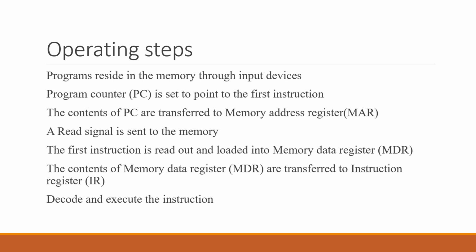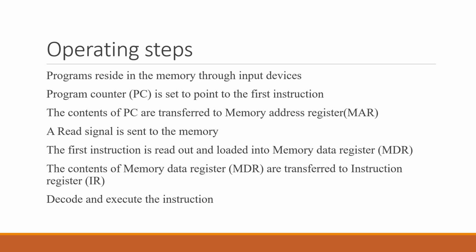The program counter is responsible for holding the address of the instruction which is to be fetched and executed next. Next, the contents of the program counter will be transferred to the memory address register in order to generate a read control signal which will be sent to the memory.